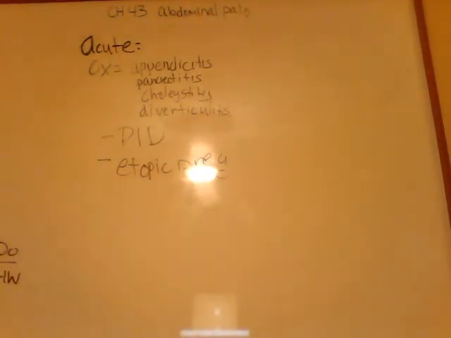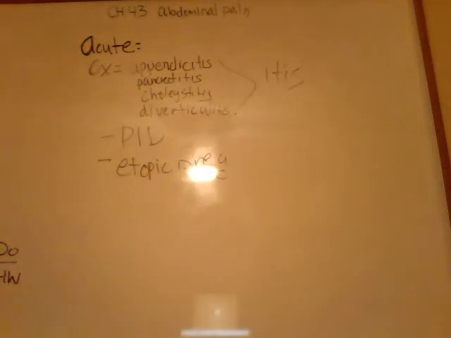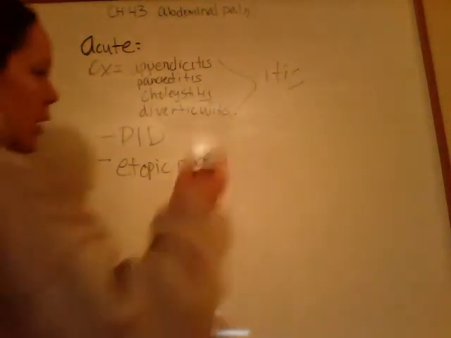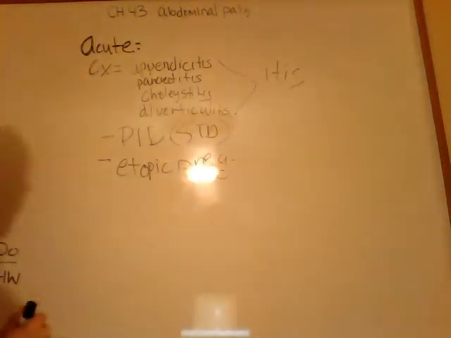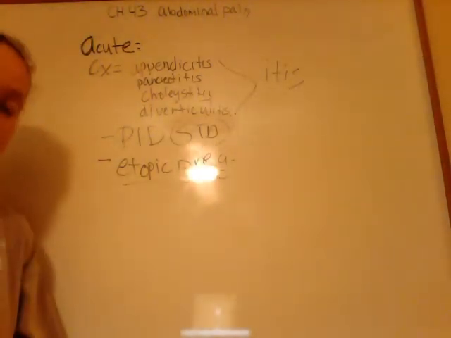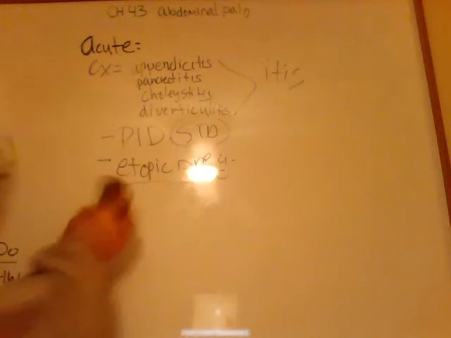Alright, so you have any of your itises. And then your pelvic inflammatory disorder, again, inflammation of the pelvis, a lot of times related to STDs. Anyhow, and then ectopic pregnancies. So those are some of your main causes of acute abdominal pain. Obviously, it's something that we need to figure out sooner rather than later.